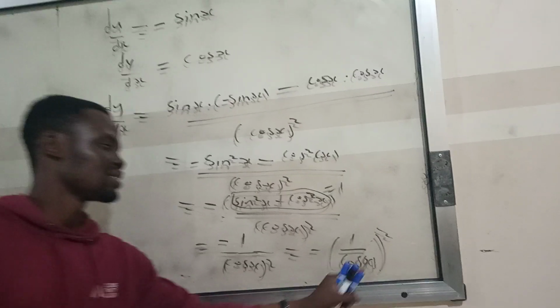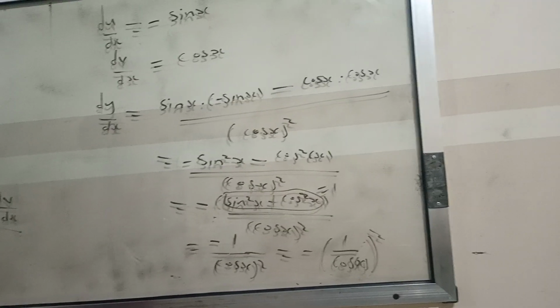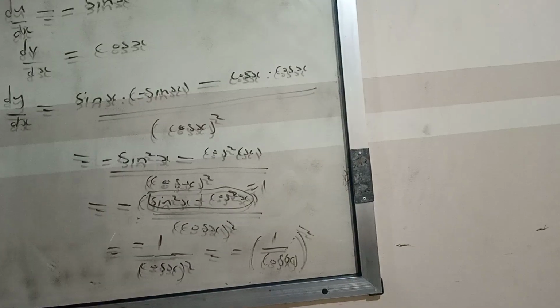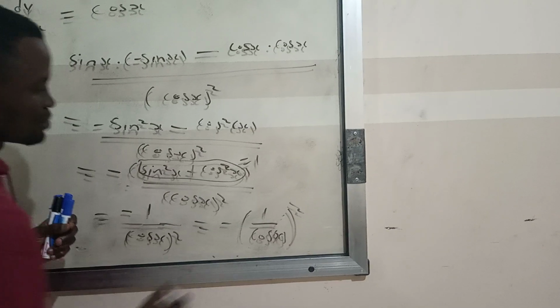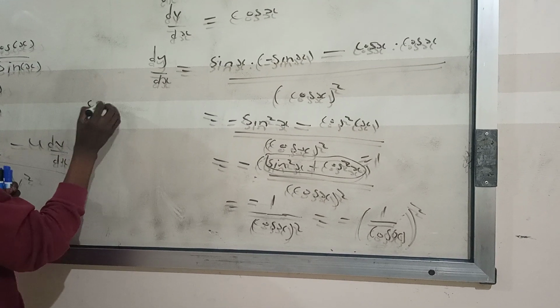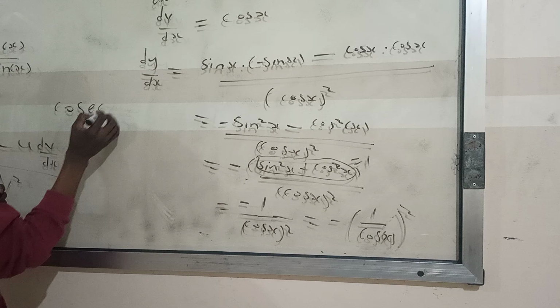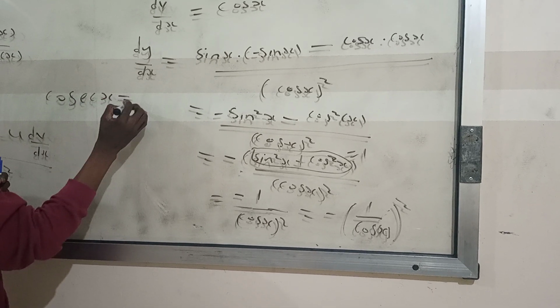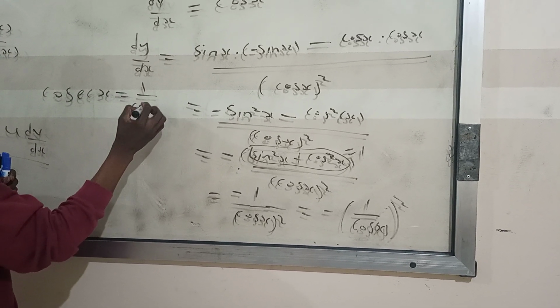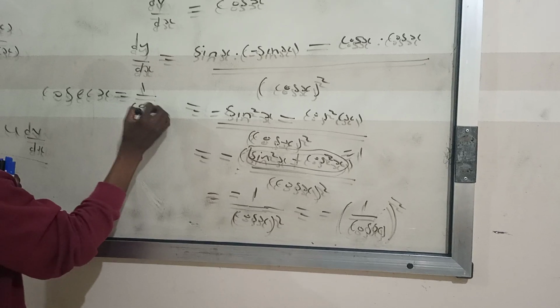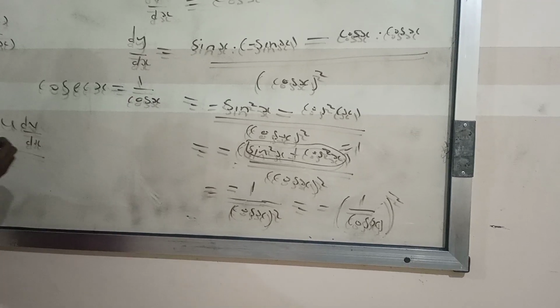But 1 over sin x is the same as cosec x.